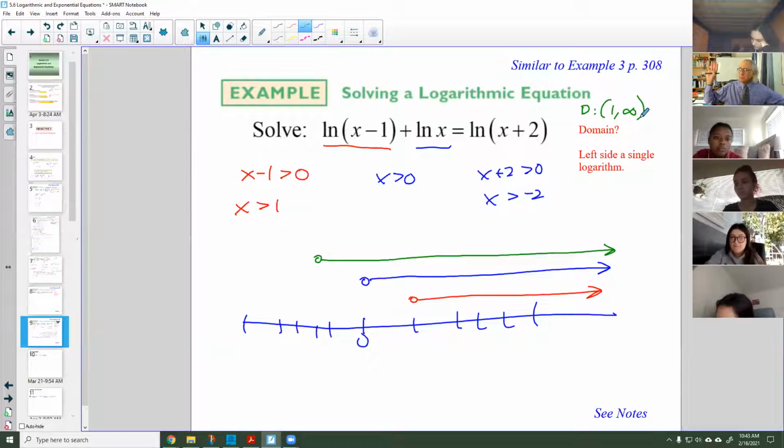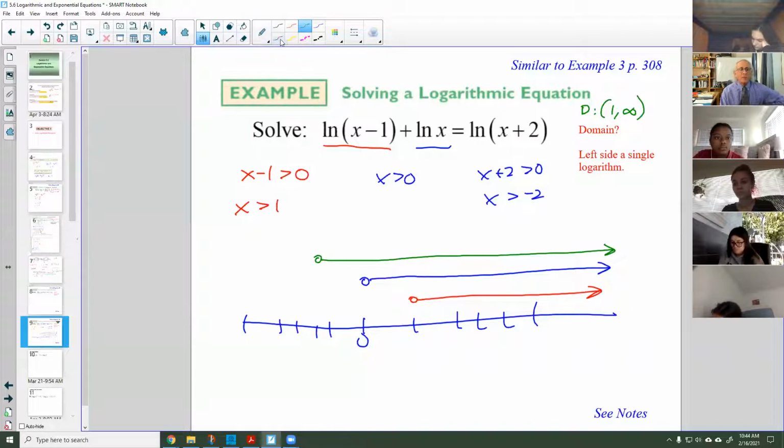Yes? Okay, so I have a question. Great, go for it. So for the domain, why wouldn't it be -2 to infinity? And this is where it gets confusing. So I'm glad you're asking this.